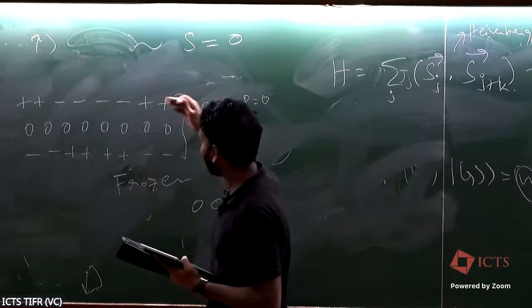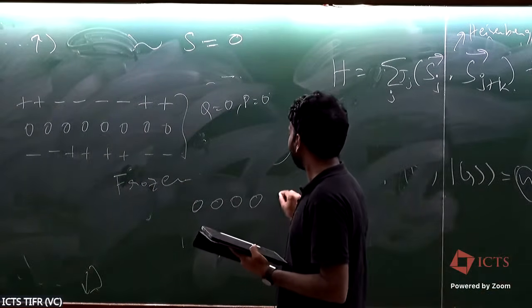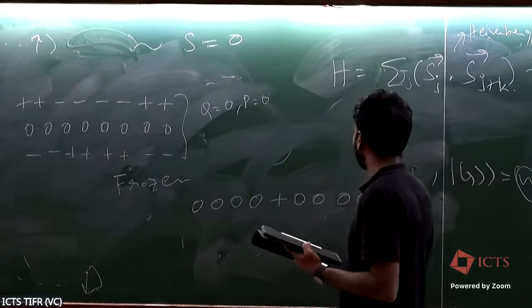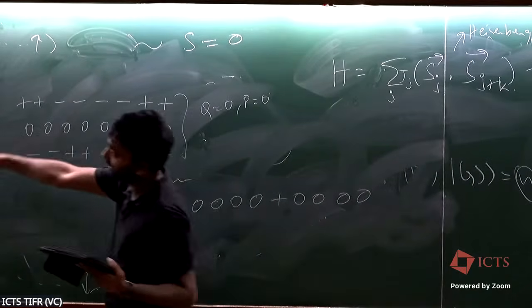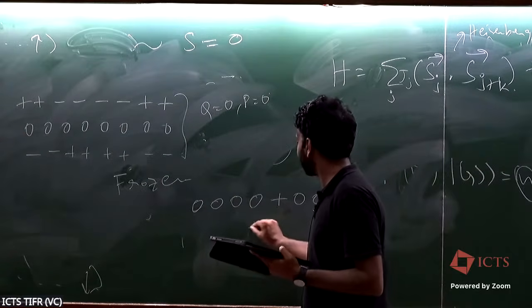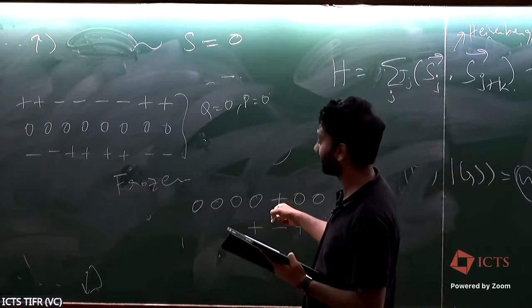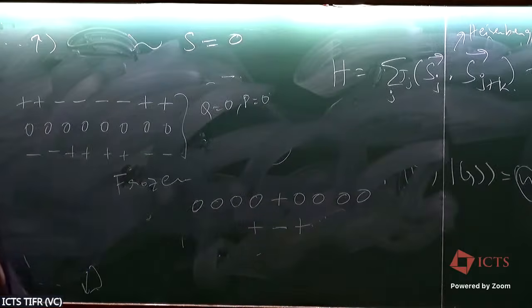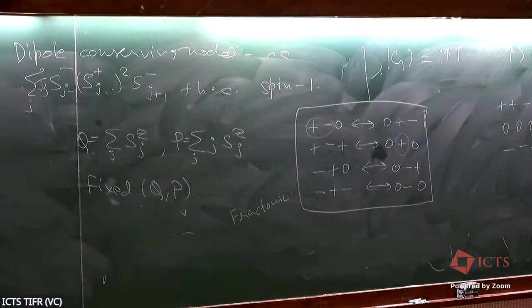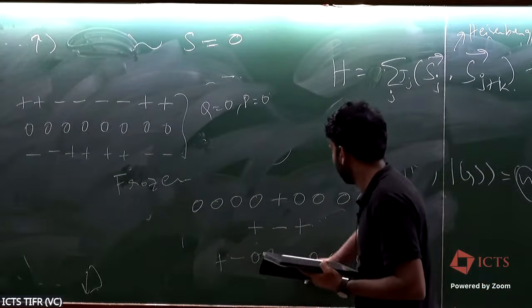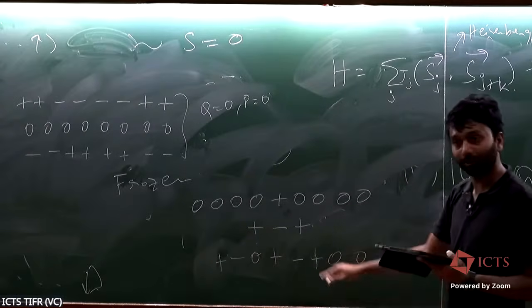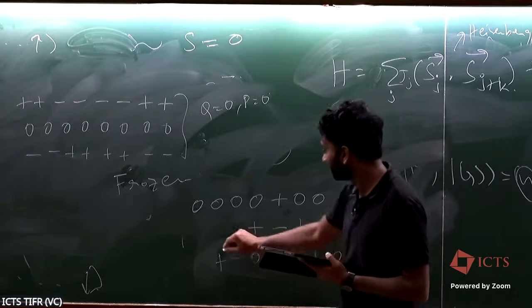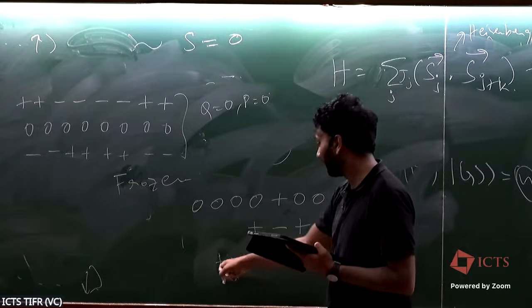So this is one example. Also, you can see that if I just start with one plus, or one fracton, sitting here and try to apply these rules, this plus can emit a dipole, and then this dipole can move away, so you can get something like this, and then there is a plus minus plus and so on. But you see that whatever you do, you alternate between a plus and a minus, right?